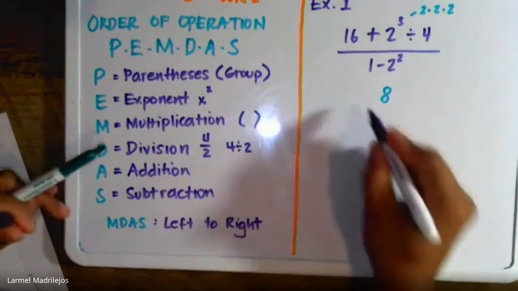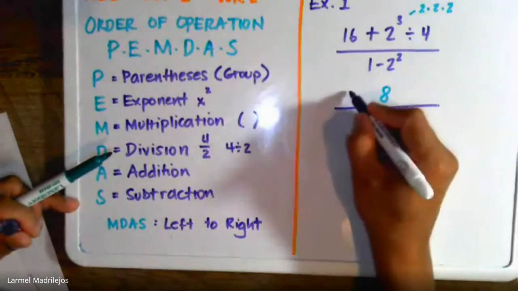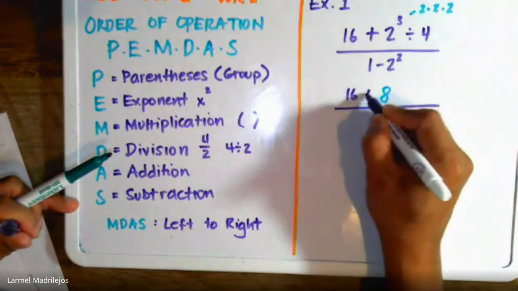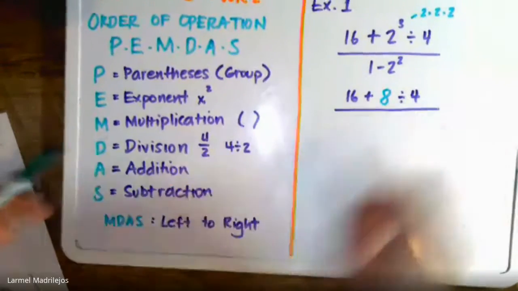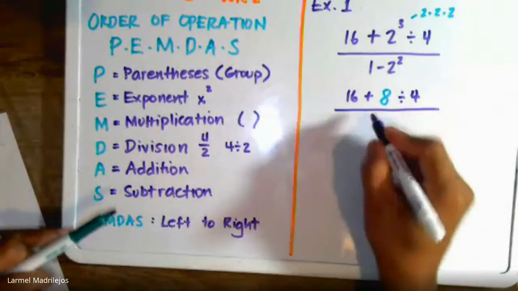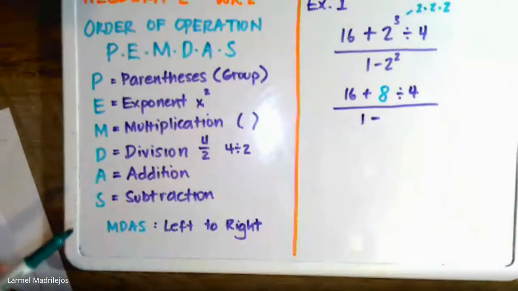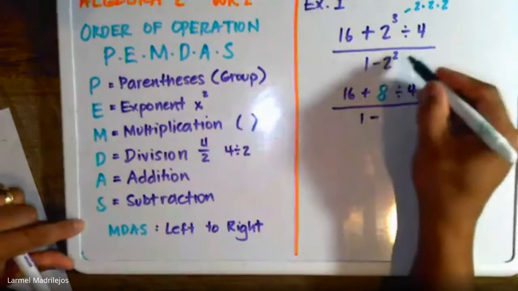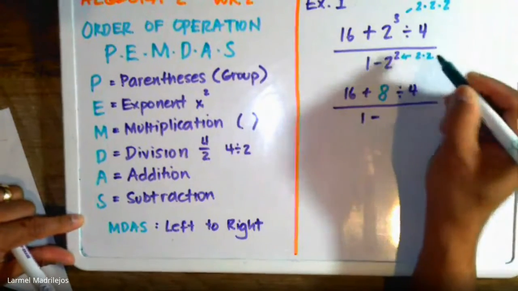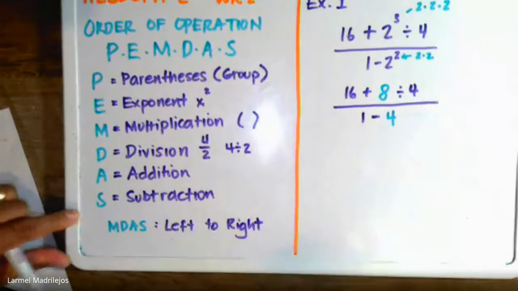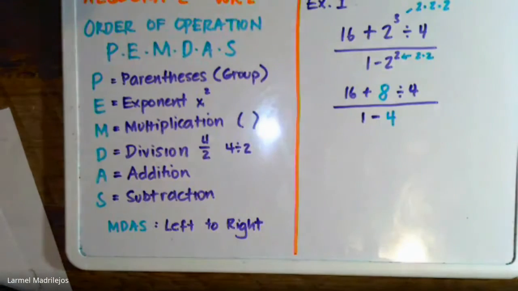I'm going to copy that number and this operation, and I'm going to copy that too: 1 minus. The next thing is negative 2 times negative 2, that makes 4. So those are the things that I did as exponent.